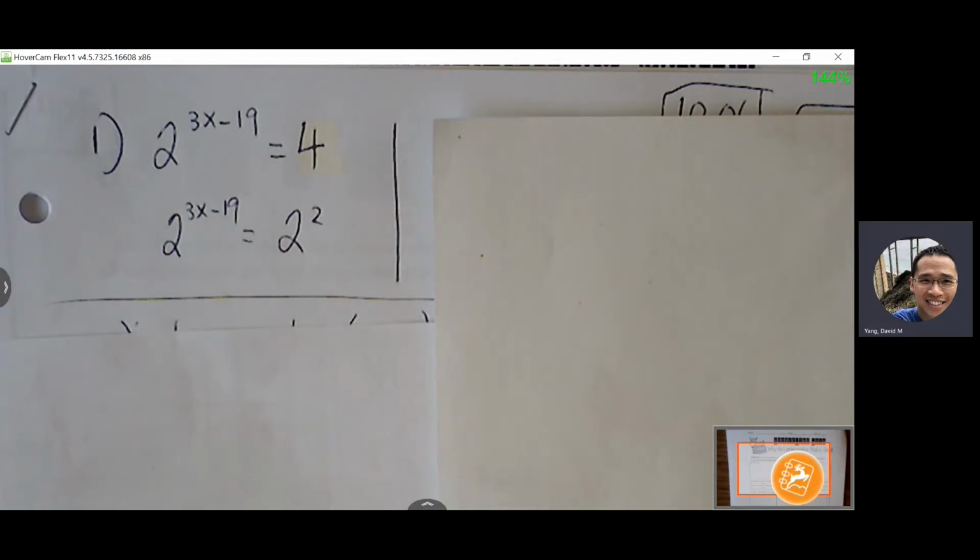Once the bases match, I can remove those and just set my exponents equal to each other. Just get rid of the bases and it should be an easy equation to solve, right?